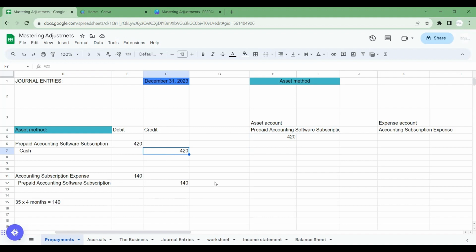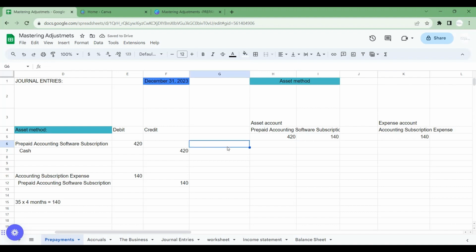So at the end, on December 31, 2023, we are required to adjust the amount of the asset account and the expense portion of the subscription. So we are going to debit the expense, the total amount of 140, and credit the subscription accounting software asset account in the amount of 140.